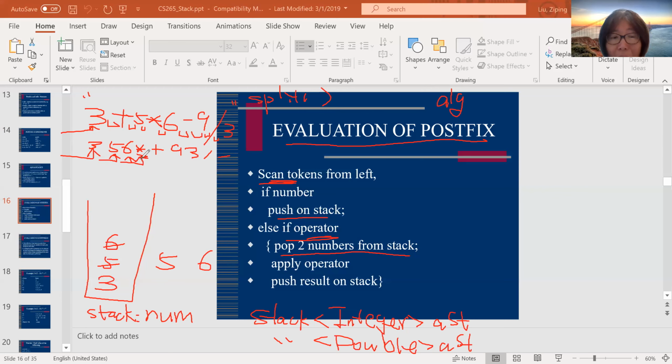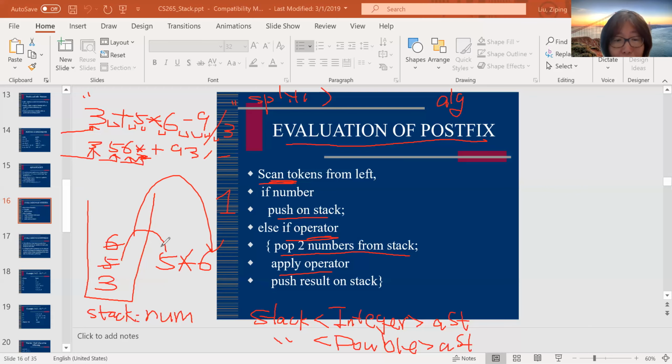And then here you have the operator, so you apply the operator, okay? When you apply the operator, for multiplication it doesn't matter, but for minus or for division, it matters who is on the left and who is on the right. So in this case, the first number out, you put it to the operator's right.